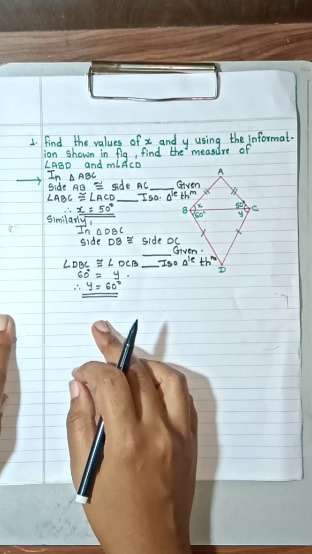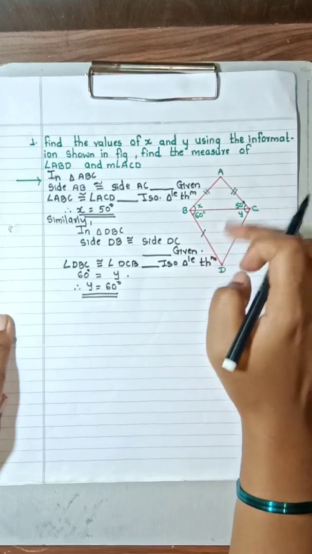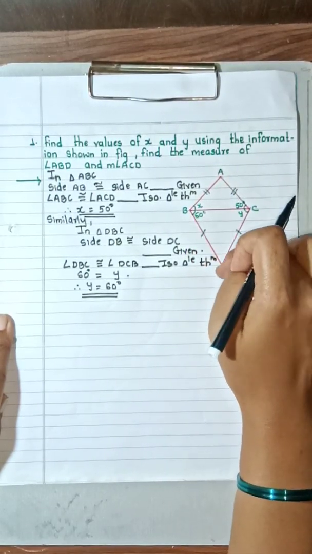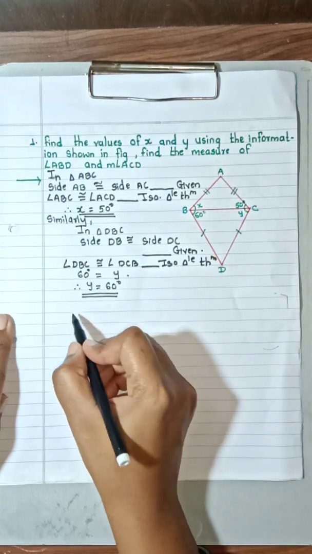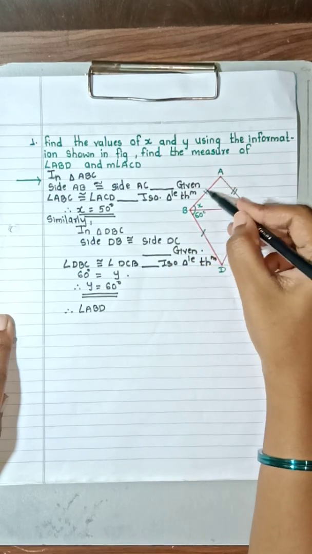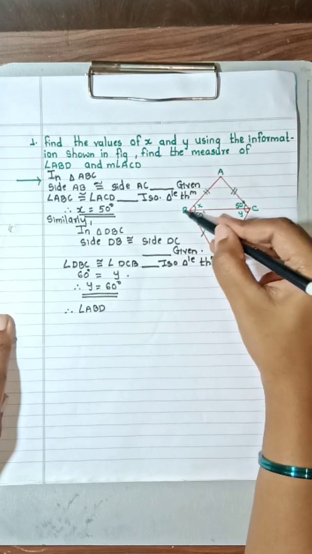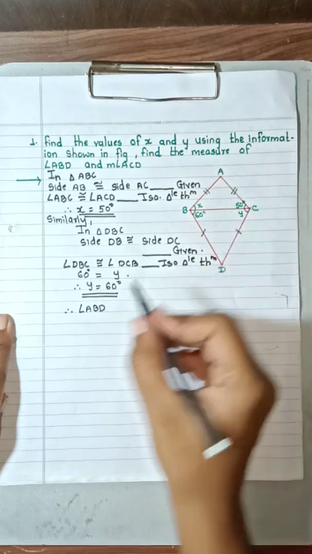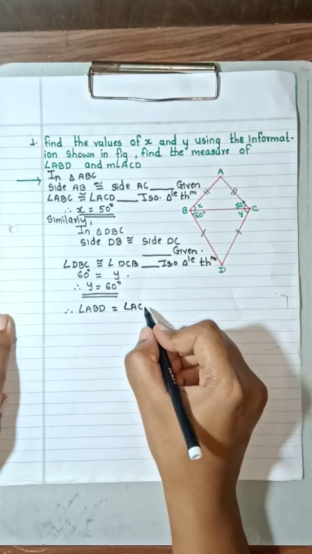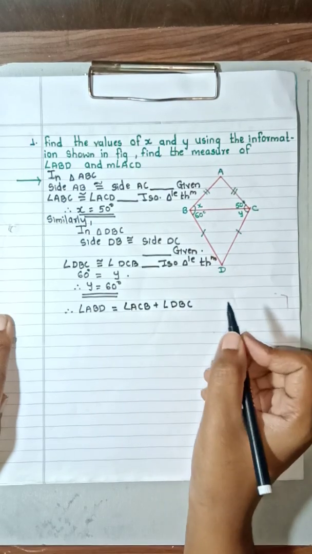Now in order to get angle ABD, we will add angle ABC plus angle DBC. You can see this big angle ABD. How is this big angle formed? By adding ABC plus DBC.